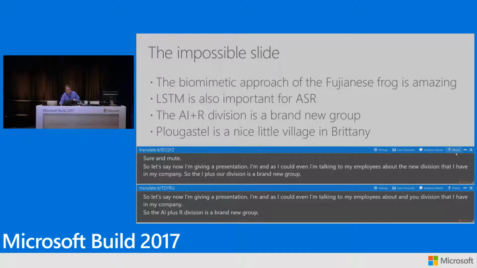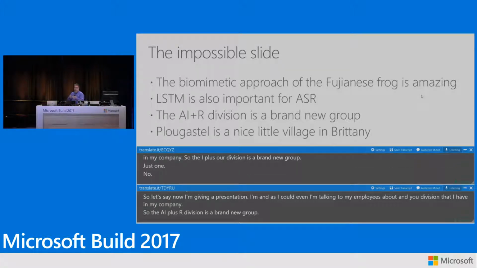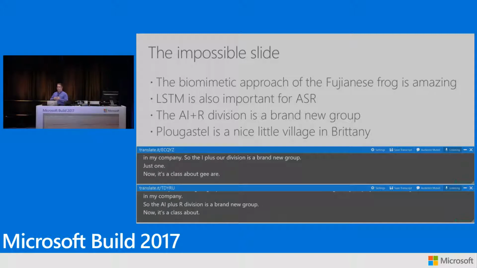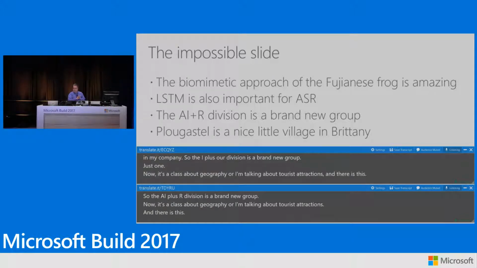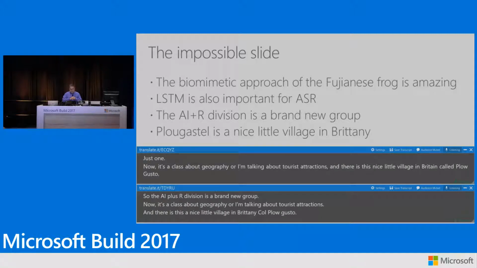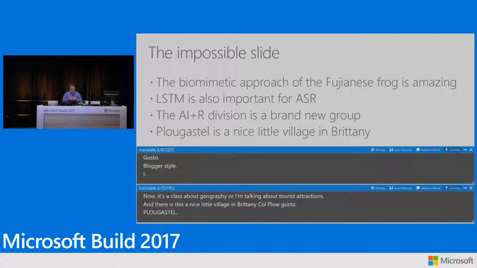So let me try a last one. Now it's a class about geography, or I'm talking about tourist attractions. And there is this nice little village in Britain called Plougastel. Plougastel. I can't get it right. Yeah.